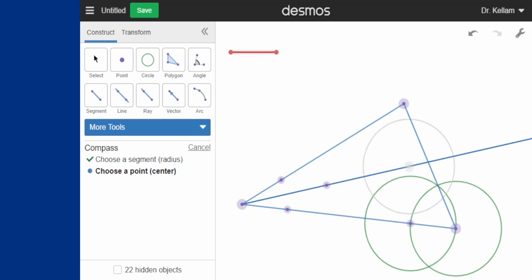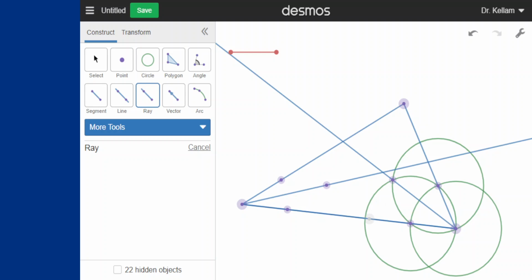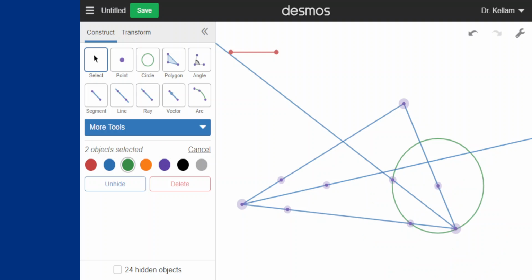And we're going to put in our second value here, our second angle bisector, and there we are. Again, I'm going to hide these three compass marks.